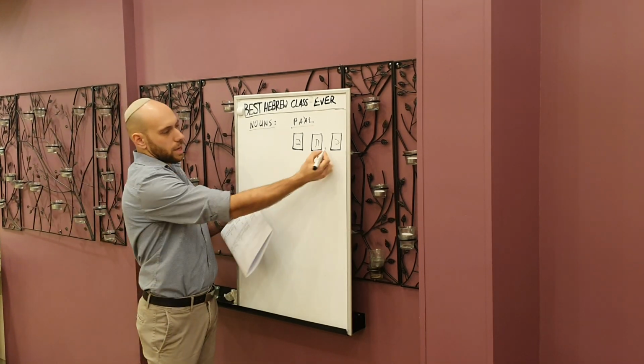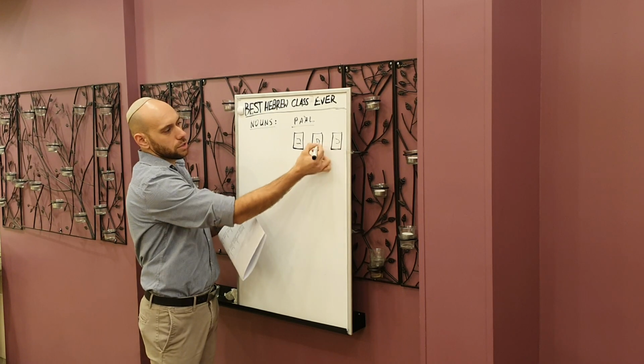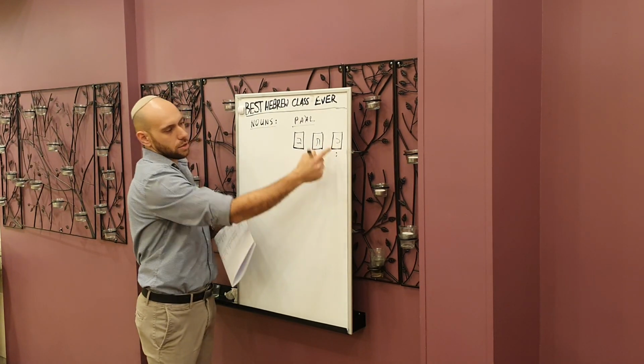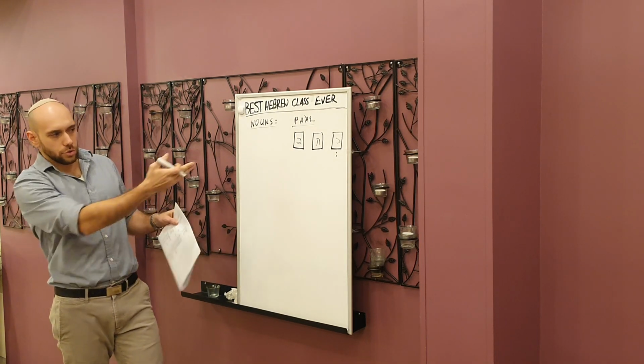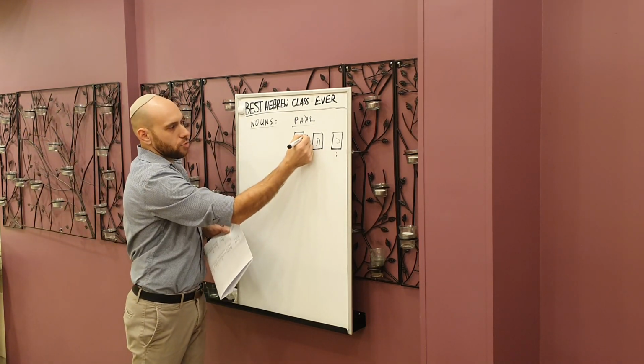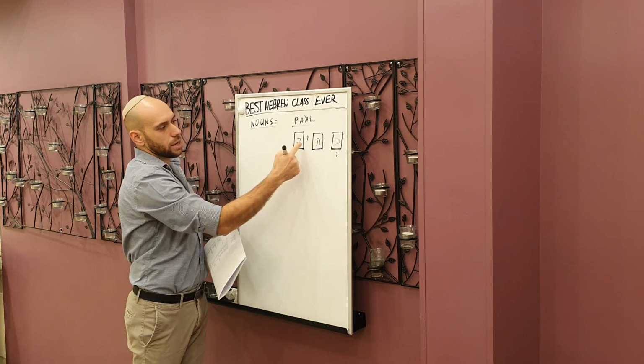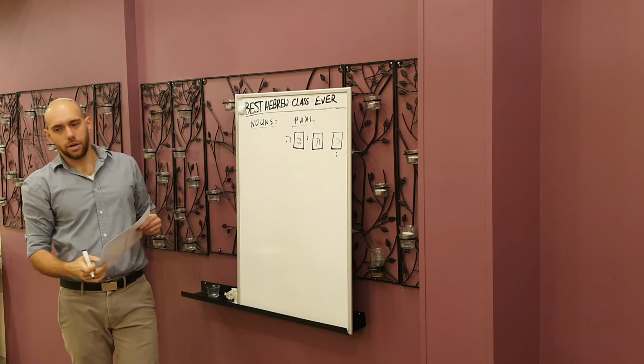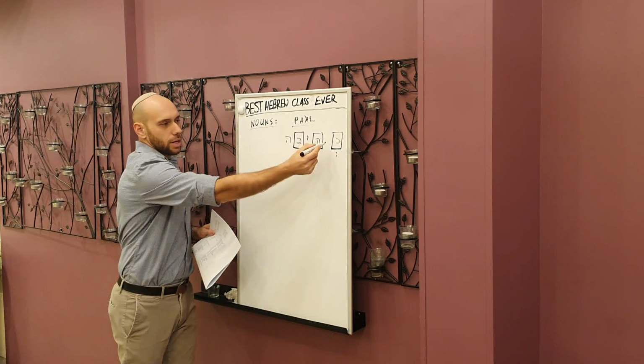So the first 2 letters are gonna be together, with a schwa, right? And then you add a yud after the second letter, and then you add a hey after the last letter, and you come up with ktiva.